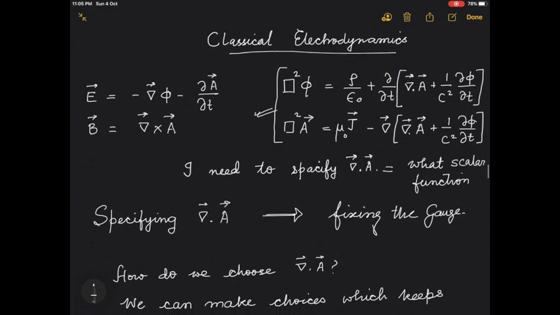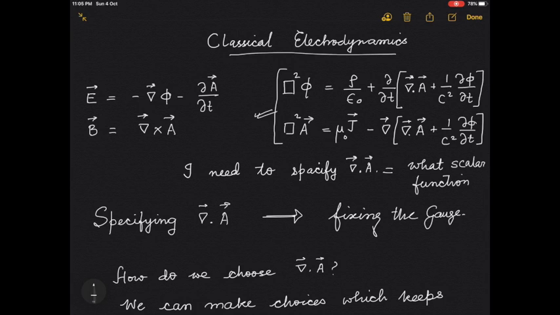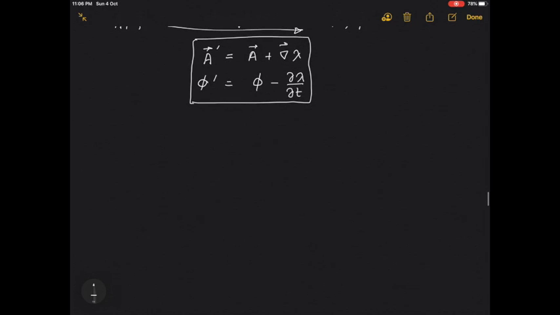Now let us come back here where we said that divergence of A is not fixed, and it can be fixed in many different ways. But one automatic choice can be that divergence of A I just set to 0. So then what happens to the equations of phi and A?